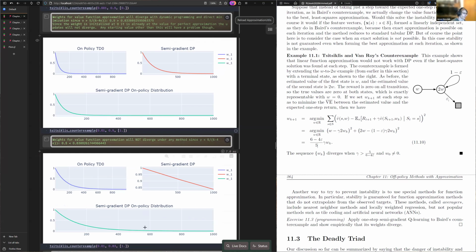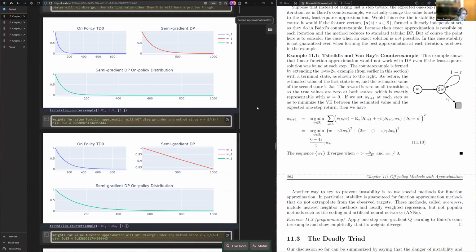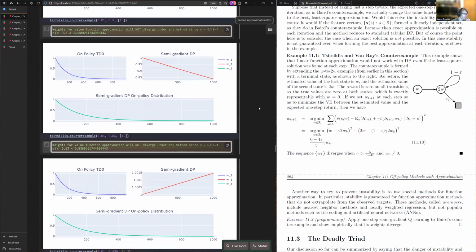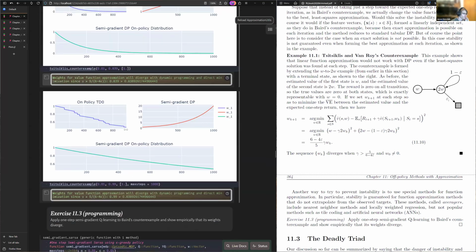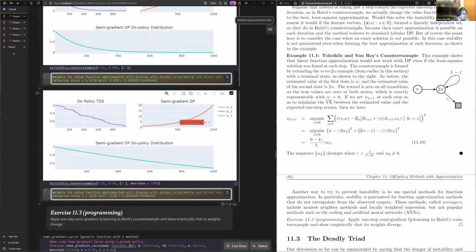If you try to do this with on-policy learning, these are both the on-policy cases where it's perfectly stable, and then the off-policy case where the gamma is large enough that this diverges. And then it also diverges here.